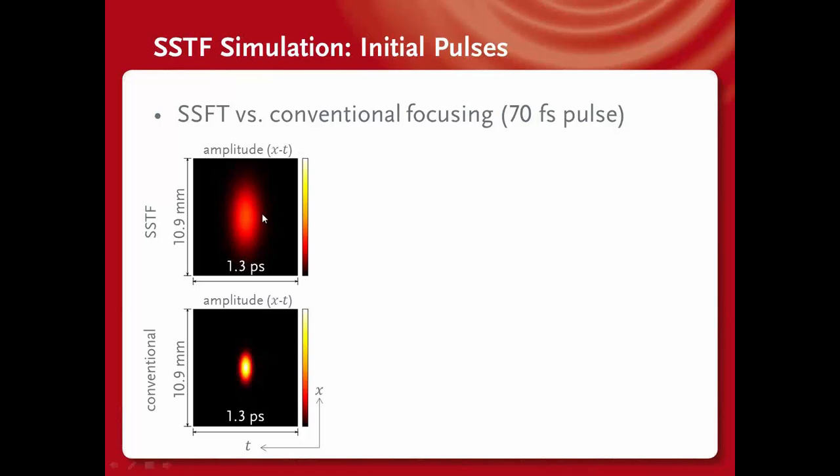And due to the separation of the spectral components, obviously the lateral extension of the light is larger than for a conventional non-SSTF setup where we don't have the separation of the spectral components. However, due to this separation of the components, our pulse also is stretched due to the reduction of the bandwidth.